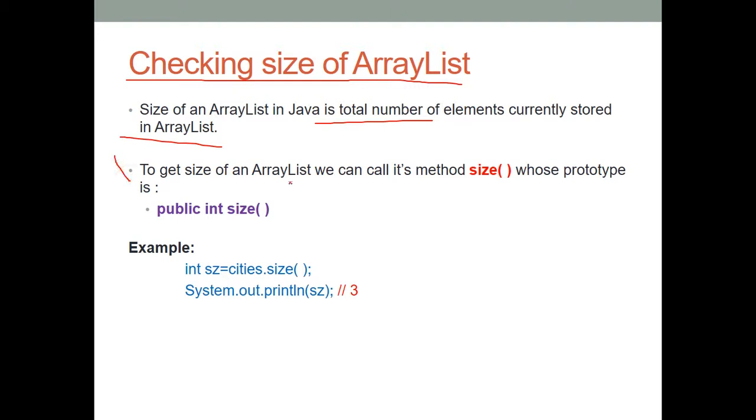To get the size, we can call its size method. The prototype of this method is public int size. It has a return type of int, so int size equals city.size(). City has how many data currently available, we can print. Right now 3, so 3 is printed.